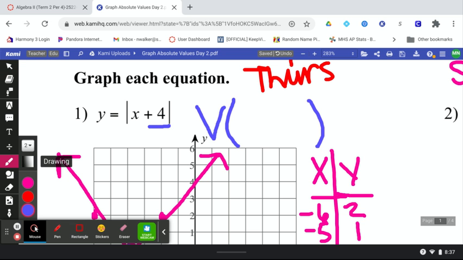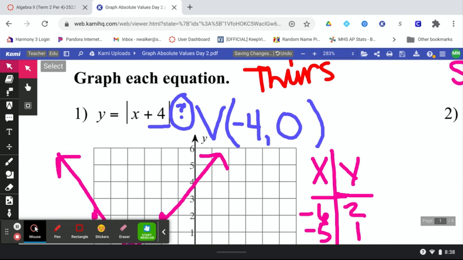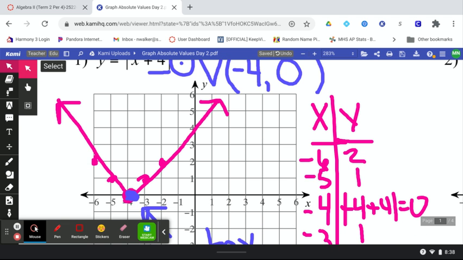We want to switch that sign. The vertex is a negative 4. Are we adding or subtracting anything after the absolute value? Is there a number there? Nope. That means our vertex is negative 4, 0. You can see, isn't that the coordinates of that point where we had the vertex?